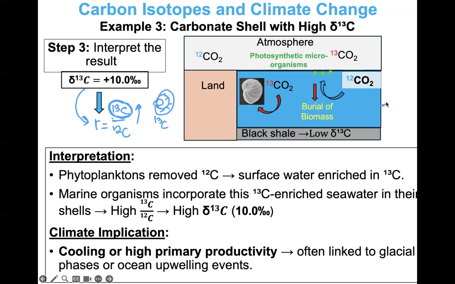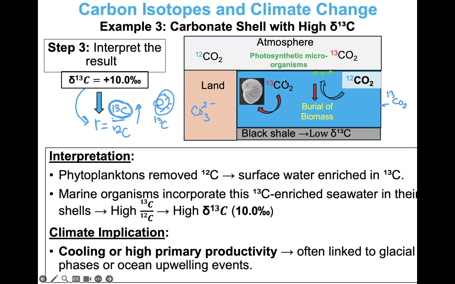Remember here also we have 13CO2. If you keep removing C12, you end up having more of C13, which makes sense. You remove this, you end up having more of this. And this C13, not necessarily CO2, it should actually be CO3 2 minus. It's a long story. This is the one that is incorporated into the shell.